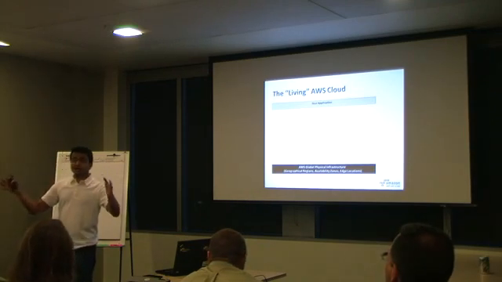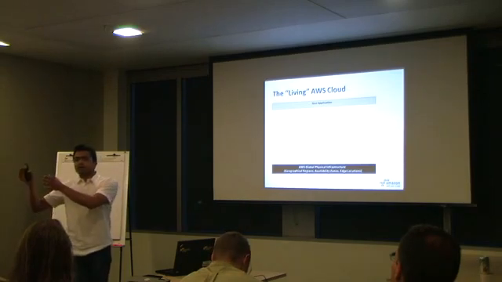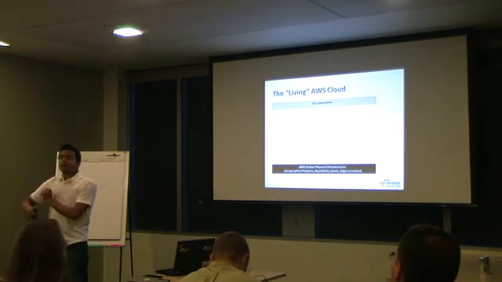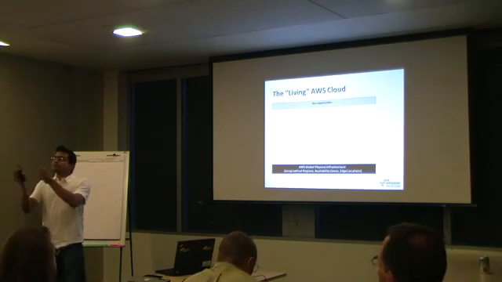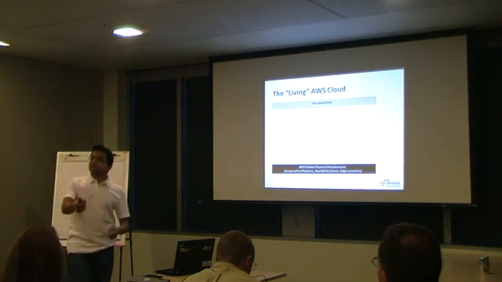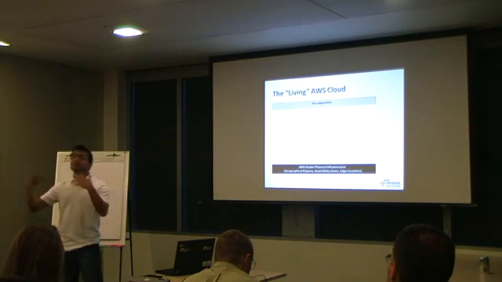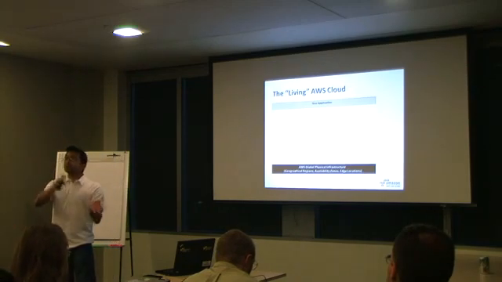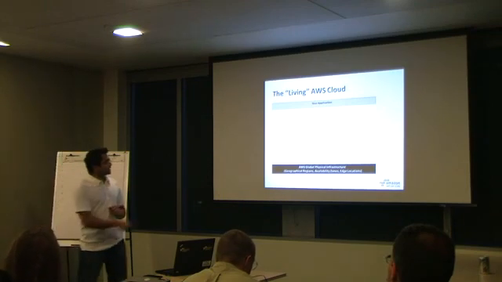We have 5 regions today in US East, US West, Europe, Singapore, and Japan. And each region has availability zones. Availability zones are logical data centers that don't share the same power, cooling, flood plains, or fault lines. So they are fault-tolerant zones, and you can build high availability applications. I'm going to talk about that in detail.